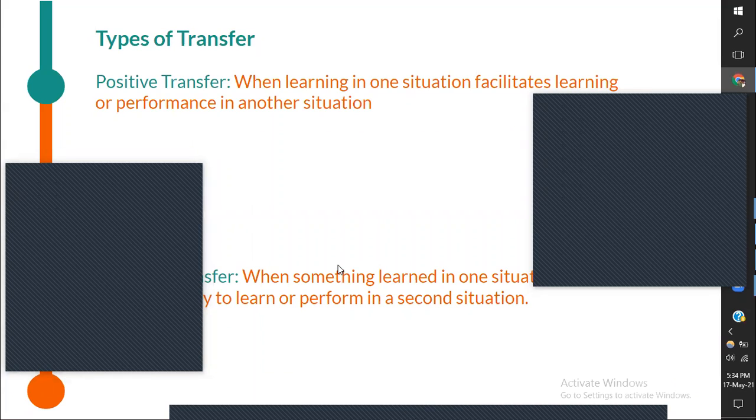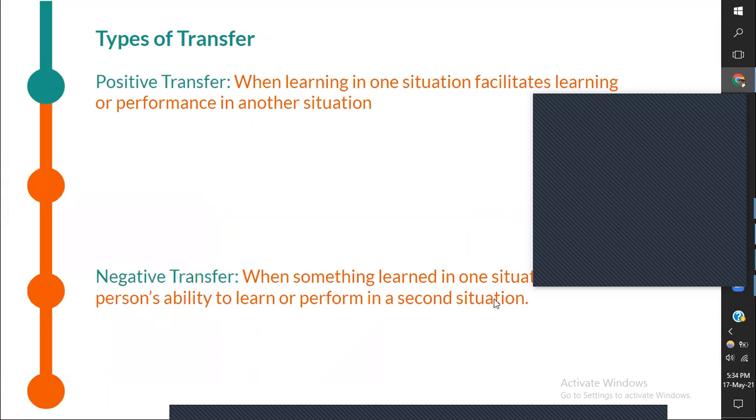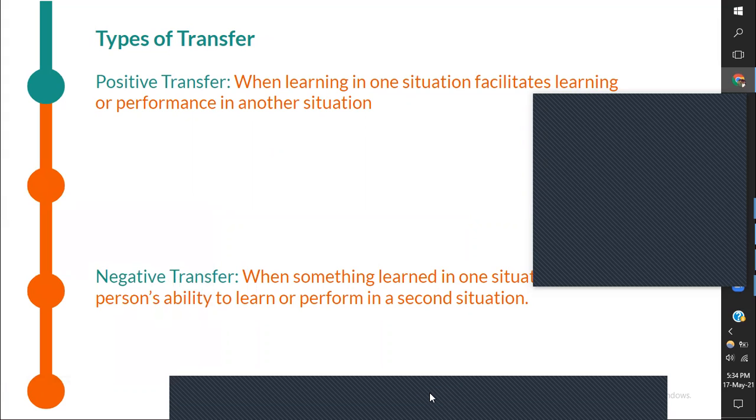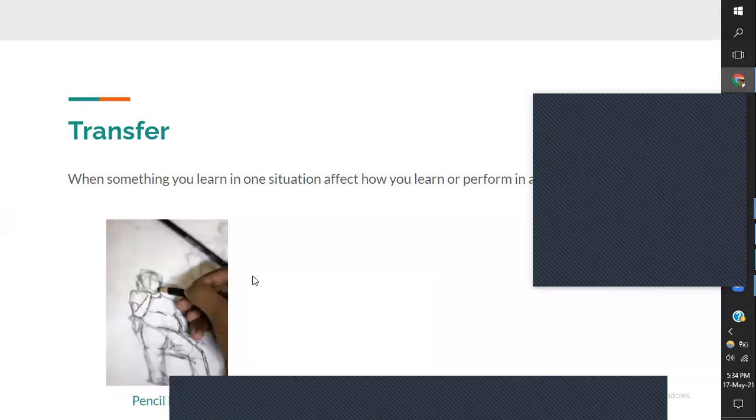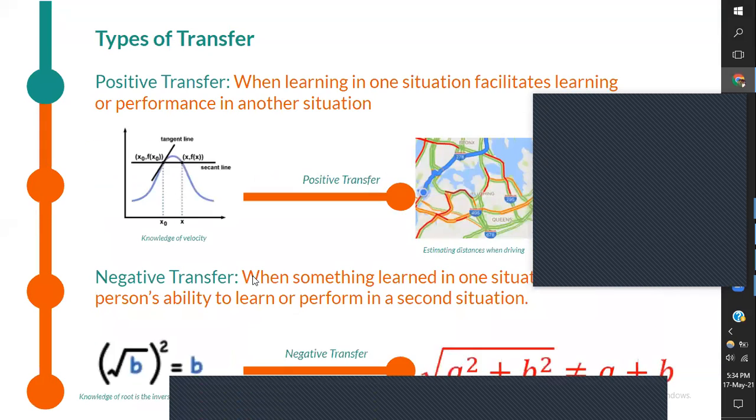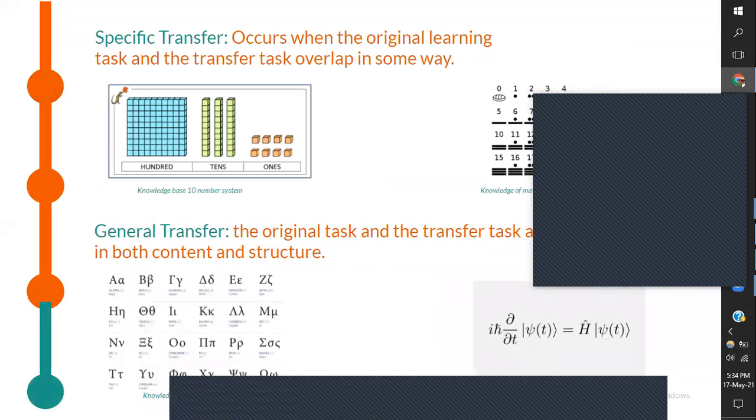Yeah. So the presentation is over, and you guys can leave if you want, while we just recap a little bit of what we did. We did transfer, we did critical thinking, and we did problem solving.